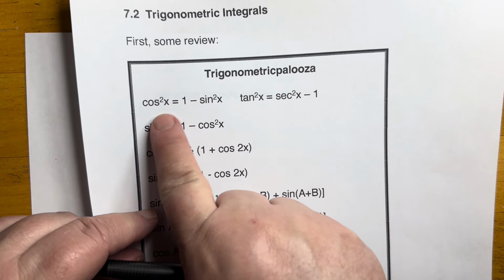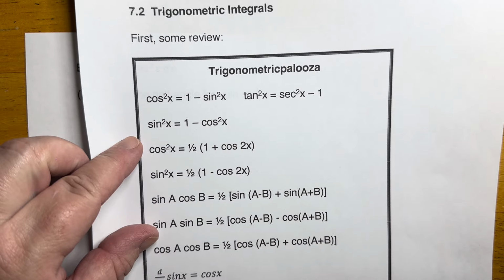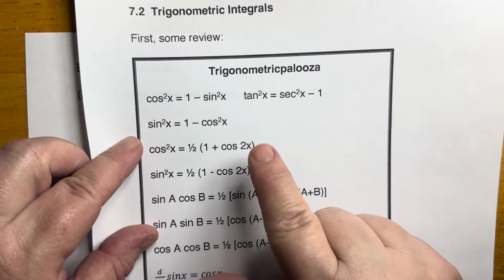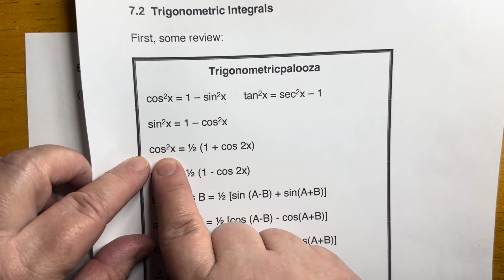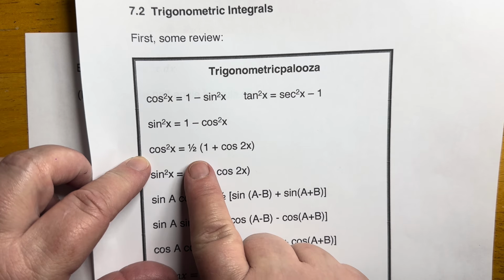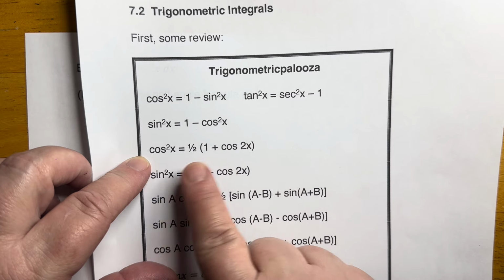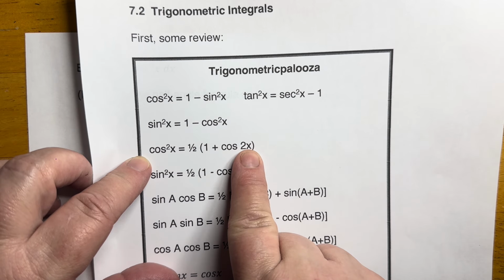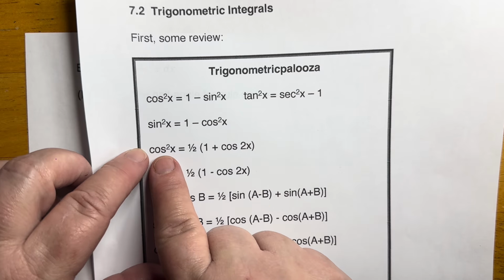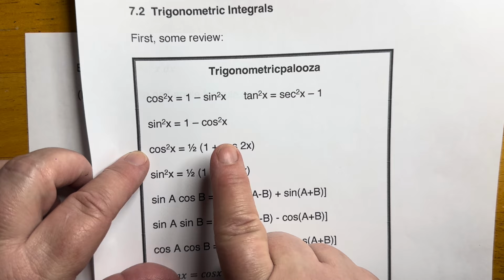Second down from the Pythagorean squares, cosine squared plus sine squared equals 1, we've got these related ones where if we've got cosine squared, we can convert it to a plain cosine. Now, is it perfect? No, we're going to bring in a 1/2. It's got 2 terms, but it brings us from a cosine squared down to just a cosine that we can integrate.